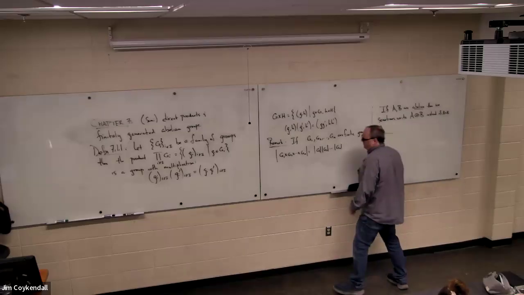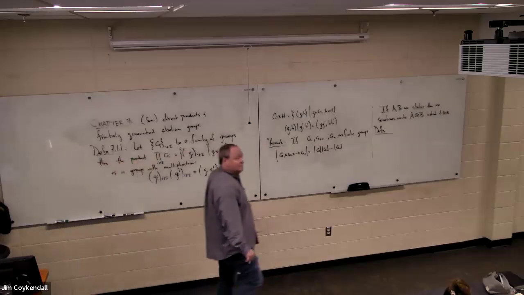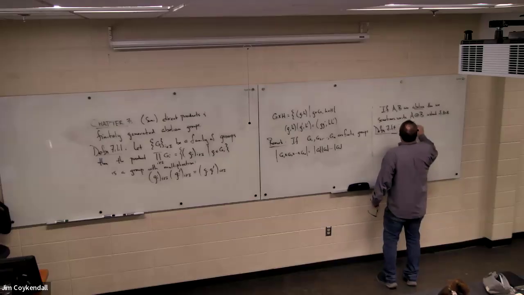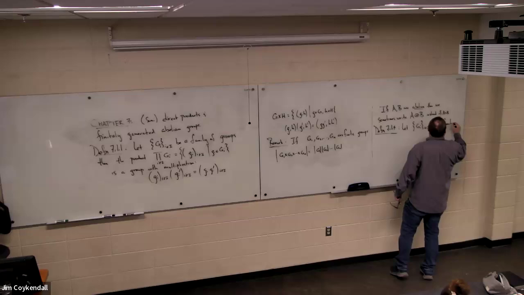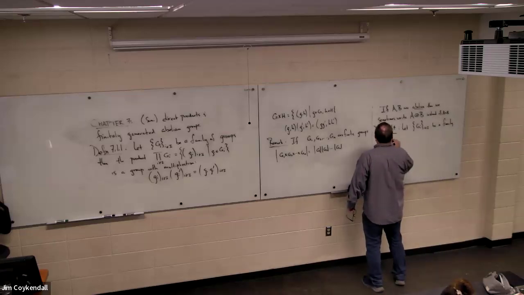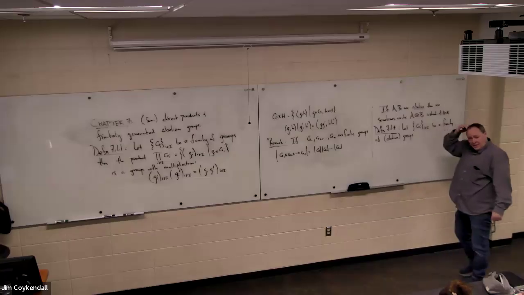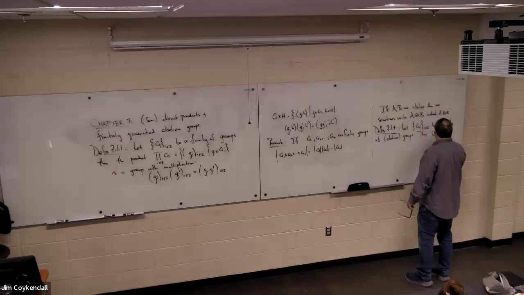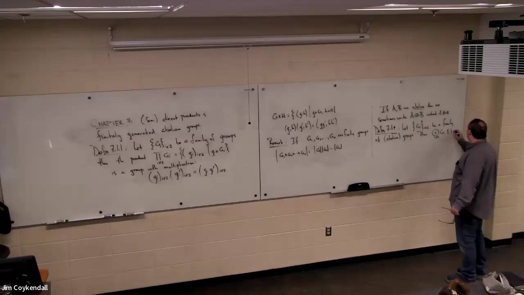Definition. Let G_i be a family of (I'm going to put this in parentheses, explain what I mean here) groups. Then the direct sum of G_i, as opposed to the direct product, is a subgroup of the direct product.